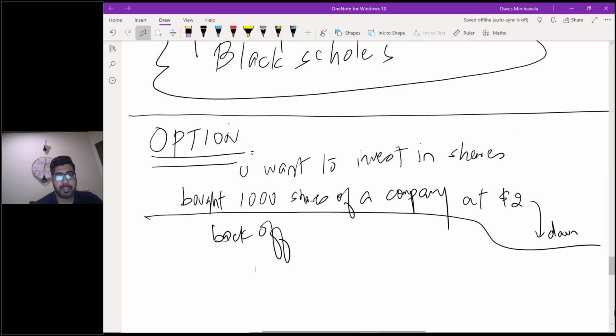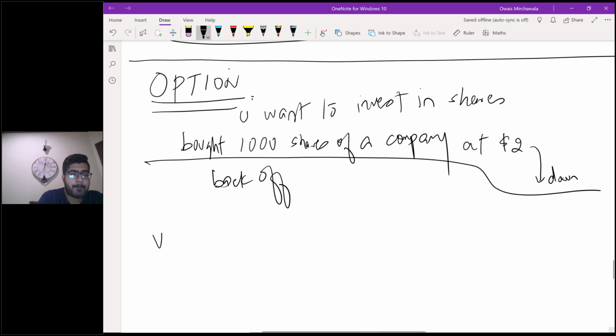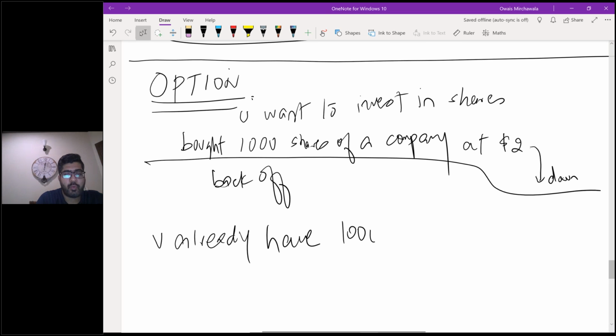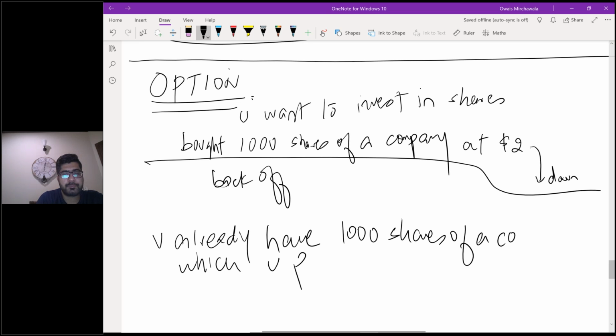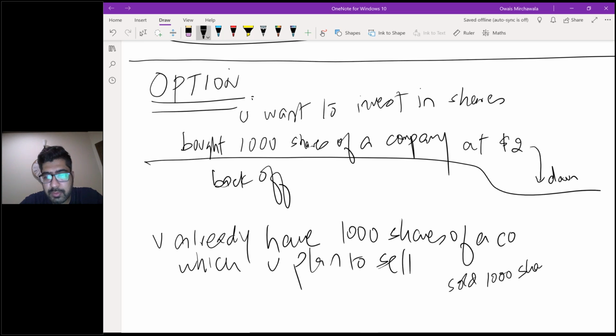Similarly, let's suppose you already have 1,000 shares of a company which you plan to sell. You sold these 1,000 shares for $5.